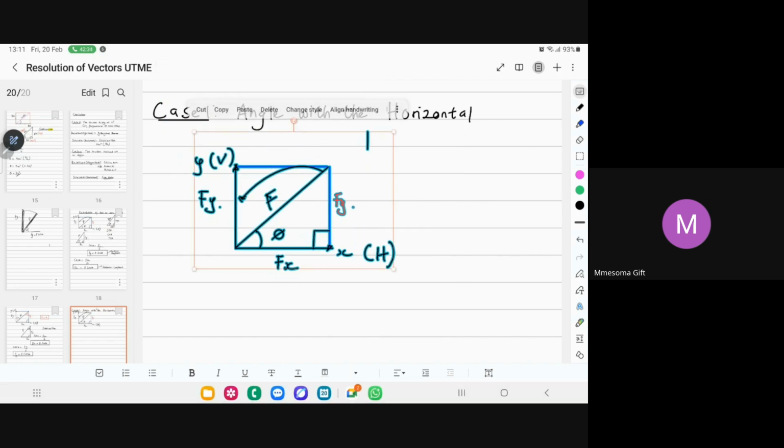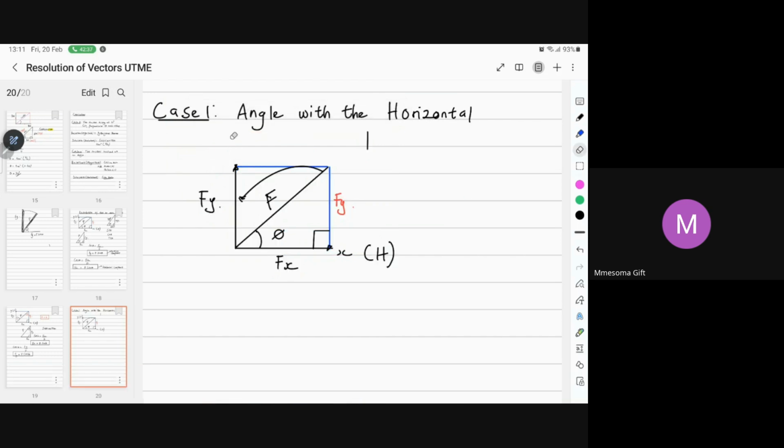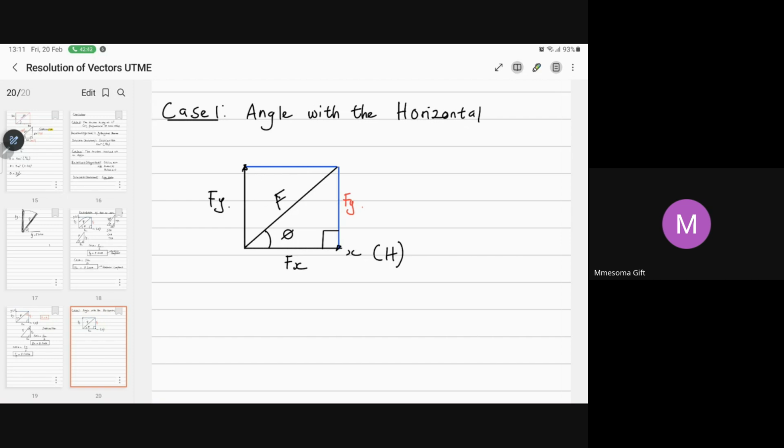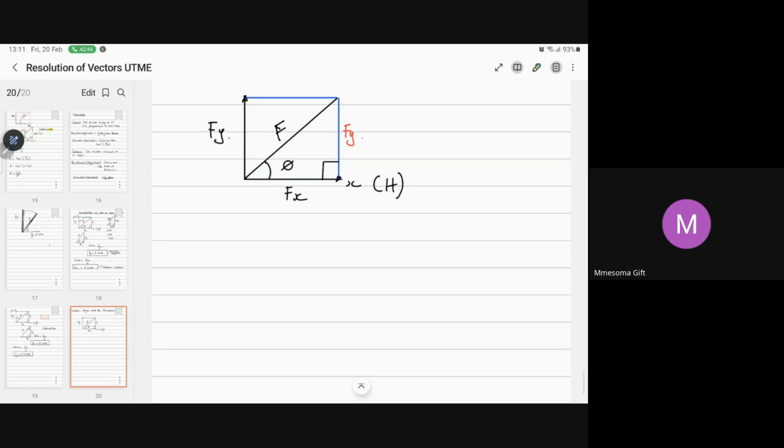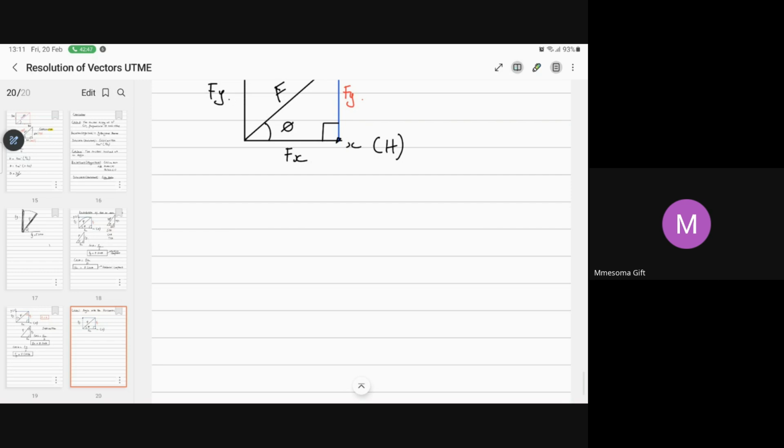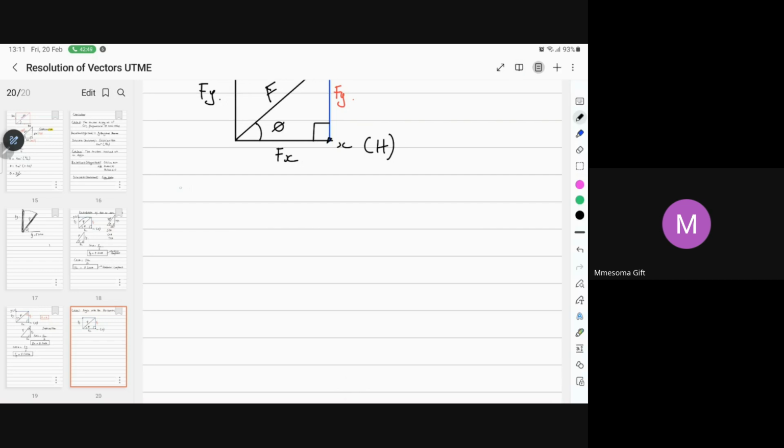Then this is our case one. So permit me to delete this y I wrote here, and this very angle here. So in that case, we formed two angles. For the horizontal component, Fx is going to be equal to what?